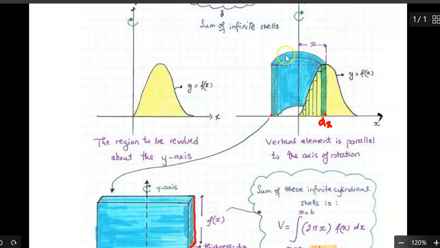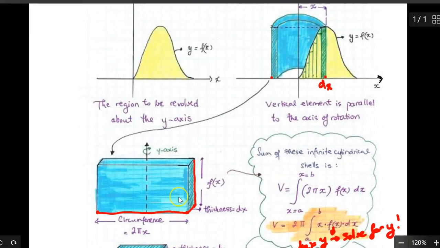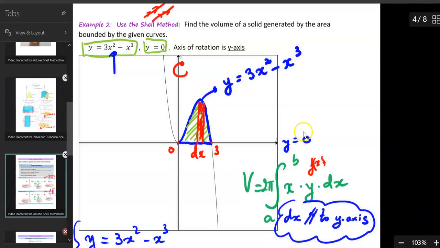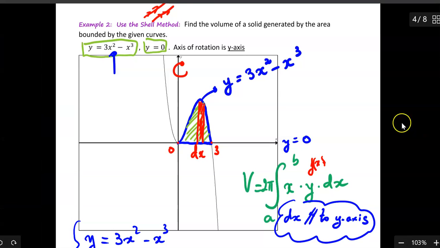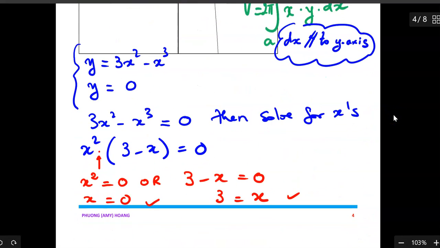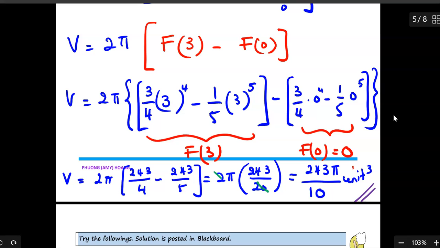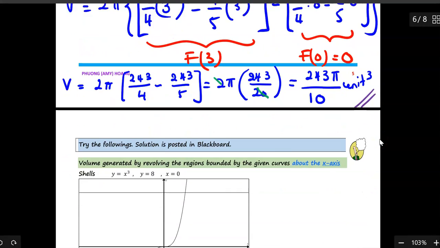If you take one of the shells out and straighten it out, here's your y-axis here. Then you can derive the formulas. The lesson that we had earlier is for this particular function, and after working with this, we end up with the volume equal to 243 pi over 10 unit cube.